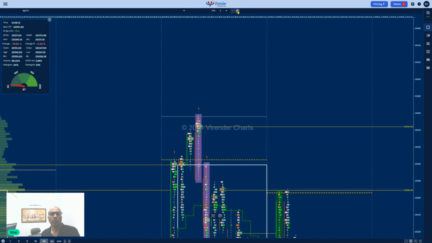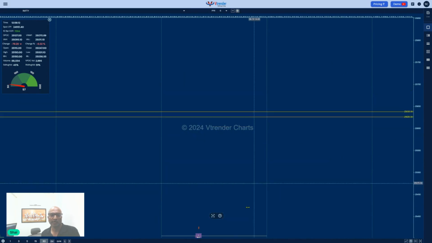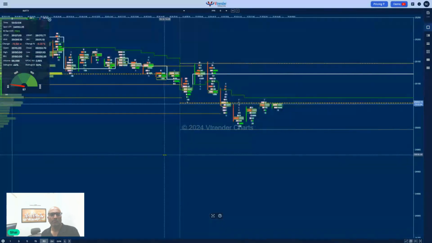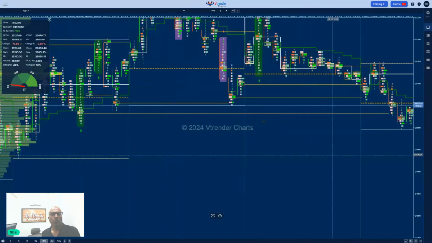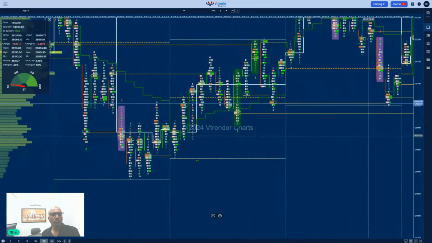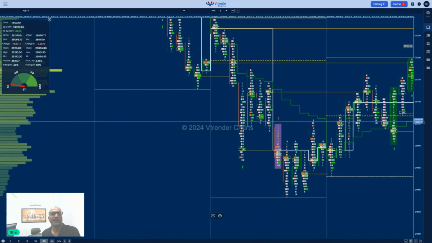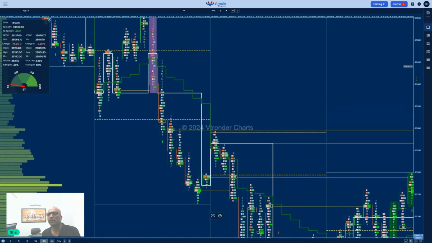I'll just zoom out so I can show you a cross section of what is happening. All through, we have shown you how you can take advantage of data which is flowing in.